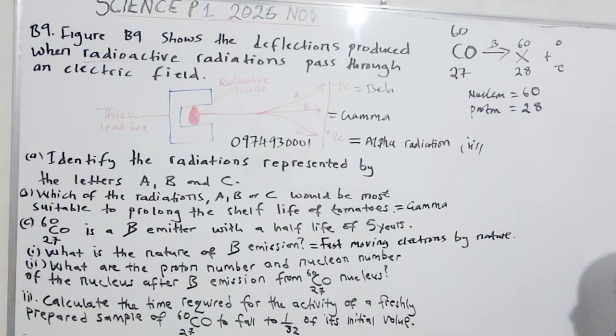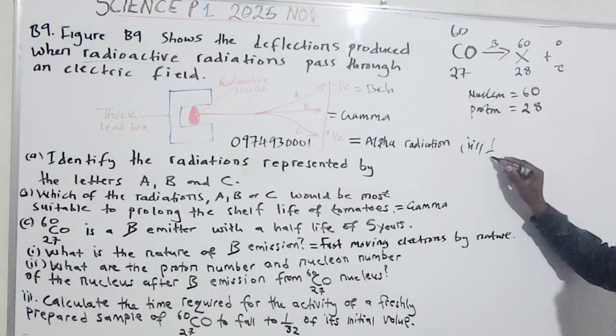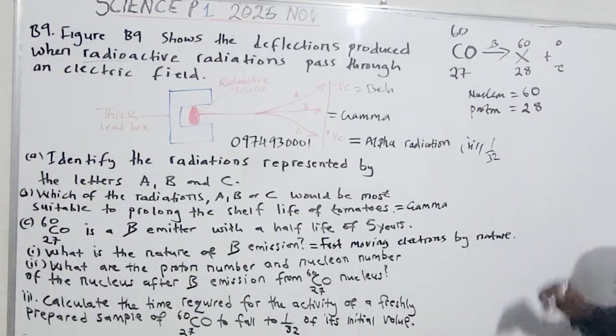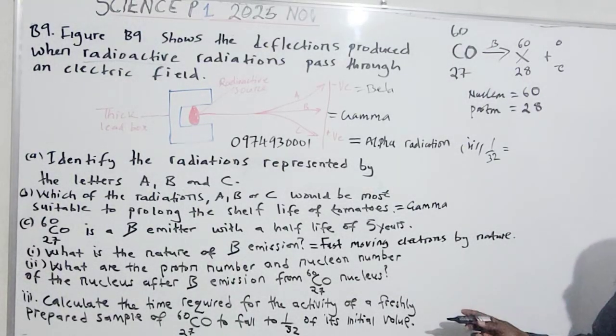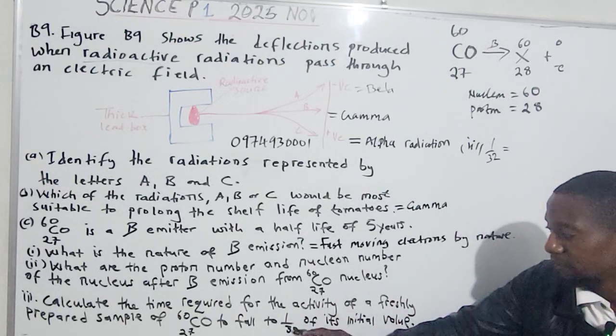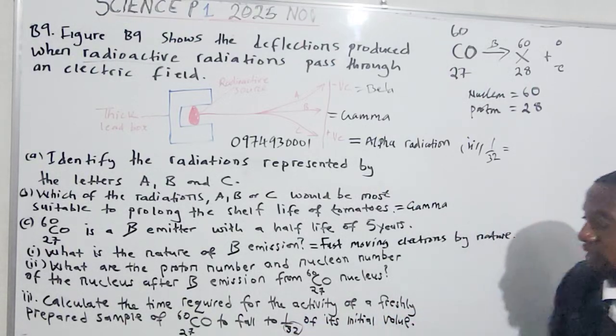Calculate the time required for the activity of a freshly prepared sample of that cobalt to fall to the number they have given us. So how do we solve this? There are two ways we can solve this. Don't make your life difficult, ladies and gentlemen. This is the final, and this is the initial.